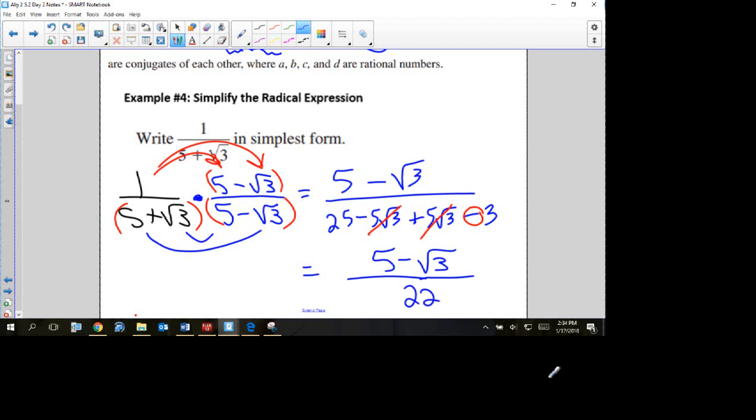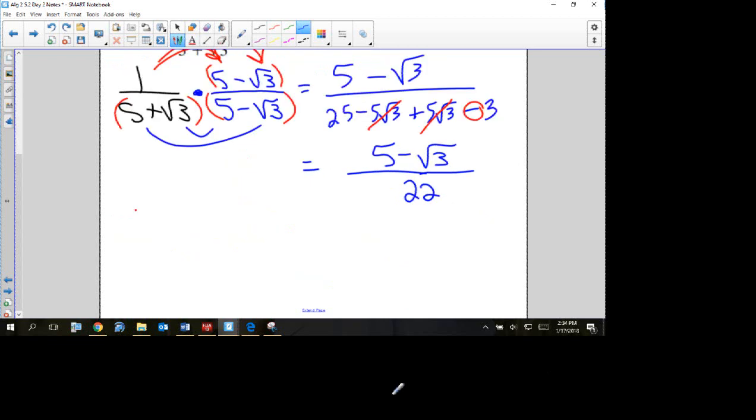Now there are 3 rules to know, after you've done all this, that it's officially in simplest form. And we've talked about these rules before. I'm going to just jot them down real fast. One, the denominator is positive. Okay, so the denominator has to be positive.